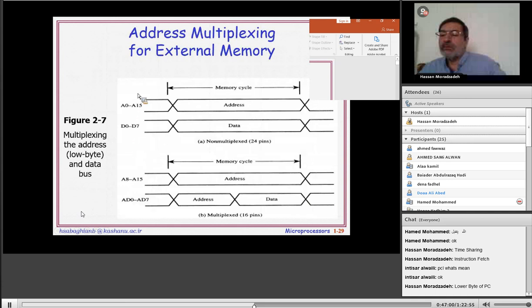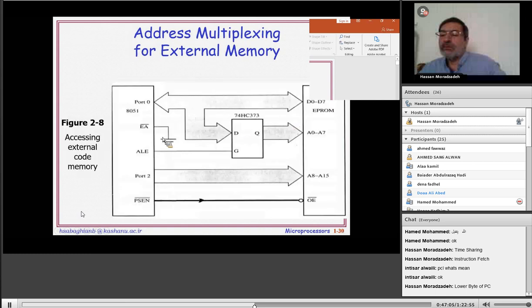Here, accessing external data memory. The previous slide was for external code memory from EEPROM, but in this slide we access data memory, that means RAM. Data memory is stored here. Again we see port 0 is separated into data bus and address bus using address latch enable and a latch beside the microcontroller.